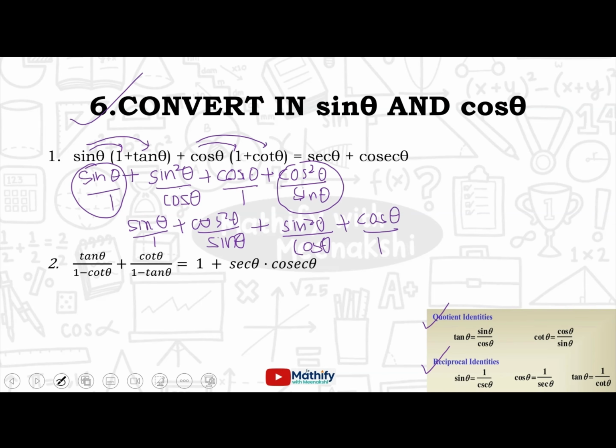Why did we do this? Because now when we take the LCM and do cross multiplication, it becomes an identity, that is sine square theta plus cos square theta. And similarly there, when you take LCM and do cross multiplication, it becomes an identity.